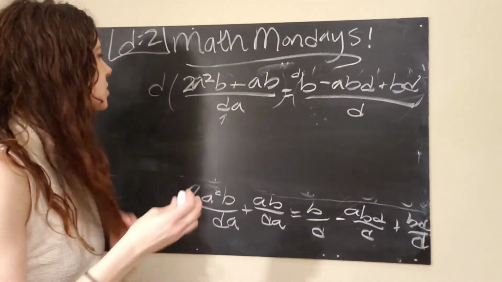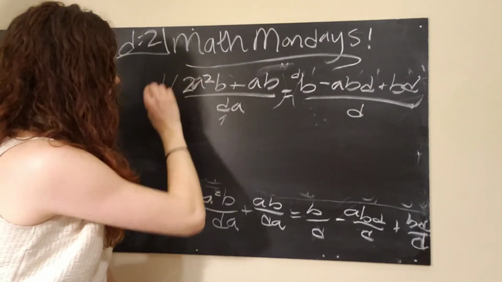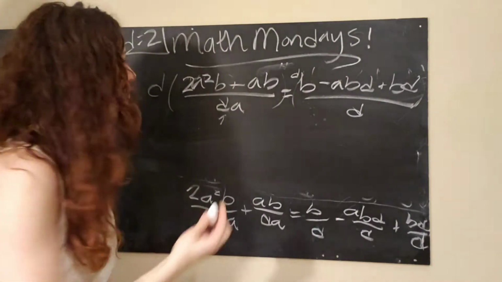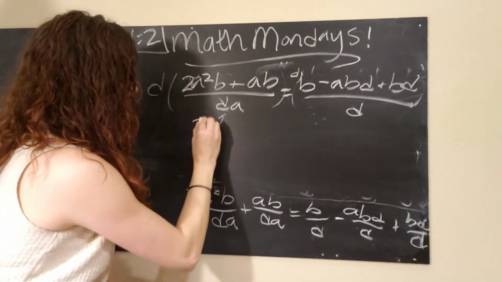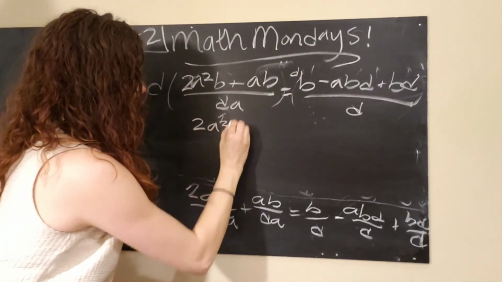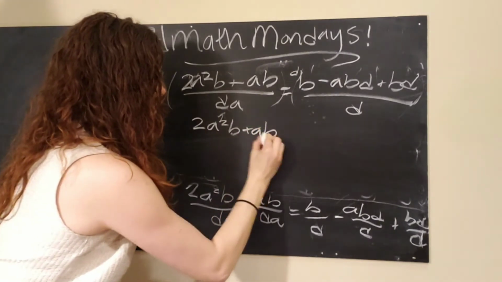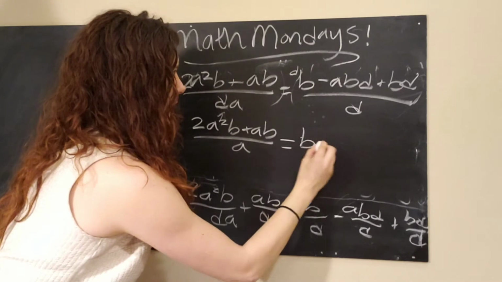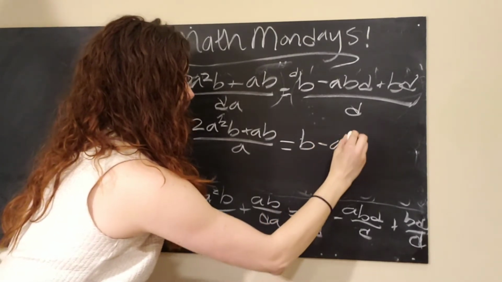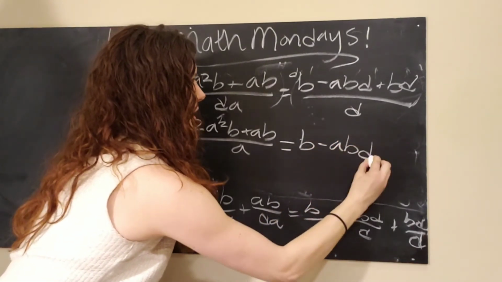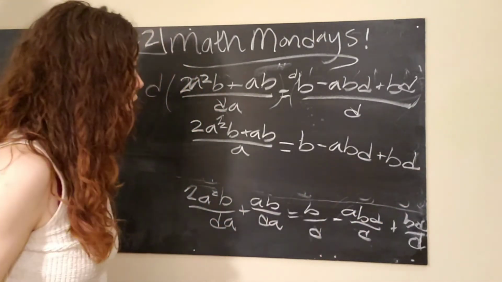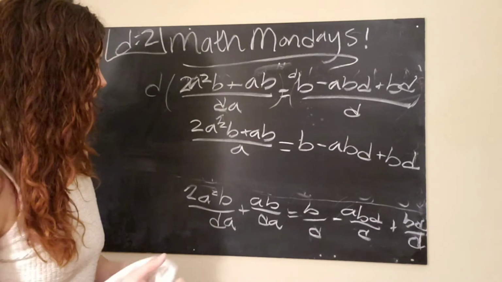Okay, so now we are going to get rid of these d's because we multiplied both sides by d. So now what we get is 2a squared b plus ab over a equals b minus abd plus bd.